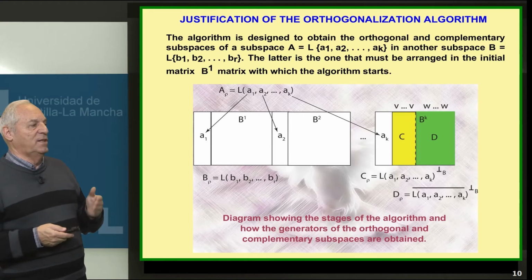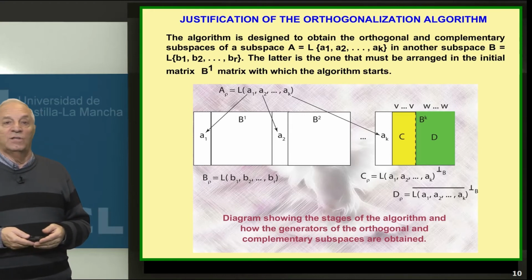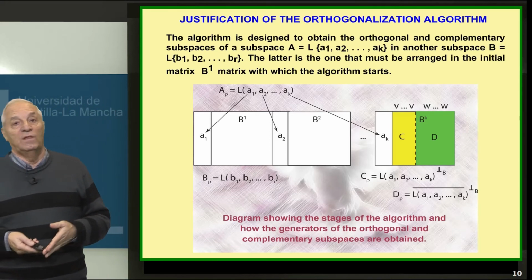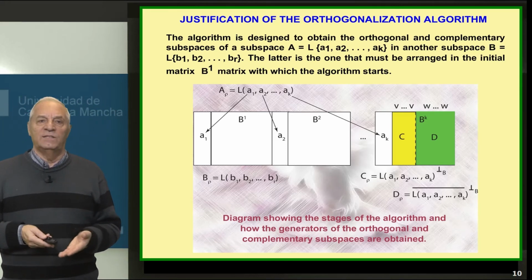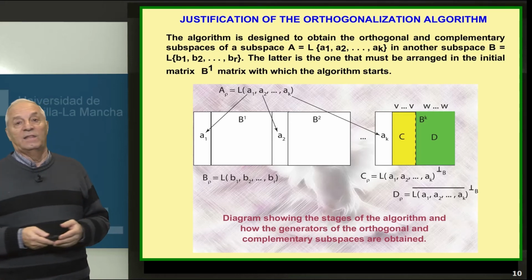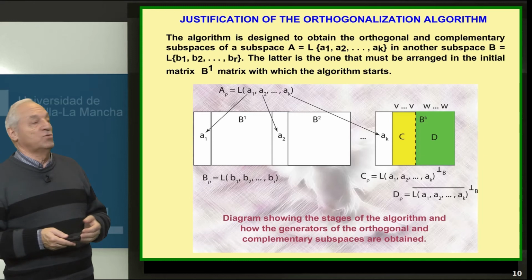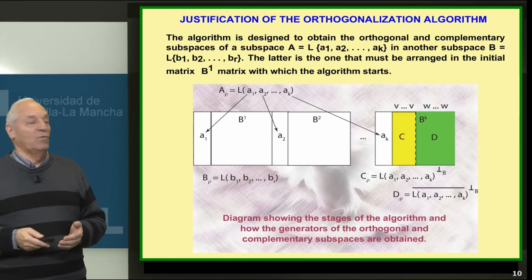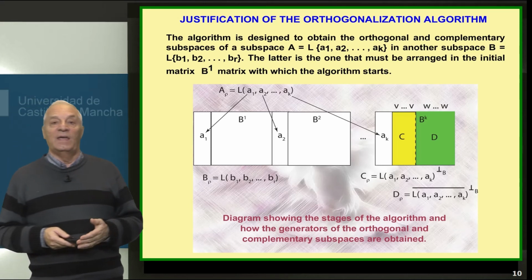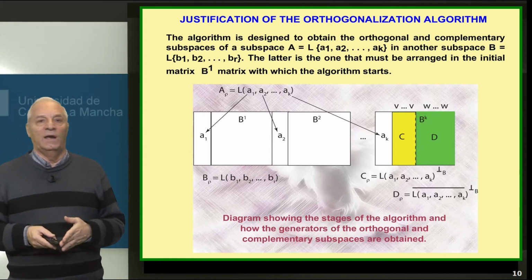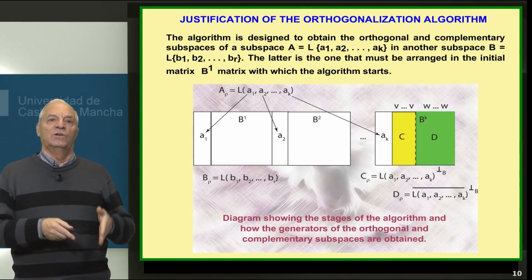Then, among the resulting vectors there are some that will have the letter W, and others that will have the letter V. Those with letter W have been used to pivot, and those with letter V have not been used to pivot. Then, from this last matrix, you just have to eliminate those columns that have been used for pivoting, to obtain the generators of the orthogonal subspace of the subspace that we have chosen.